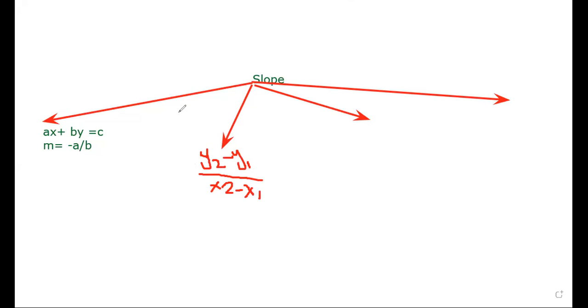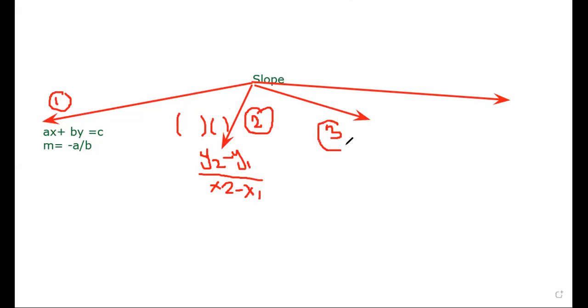When you find two pairs. Yes, when he gives us two ordered pairs, right? So we can use this formula, y2 minus y1 over x2 minus x1. Thank you. So this is the first method, and this is the second method when we have two ordered pairs. What else? Is there any other way we can calculate the slope?